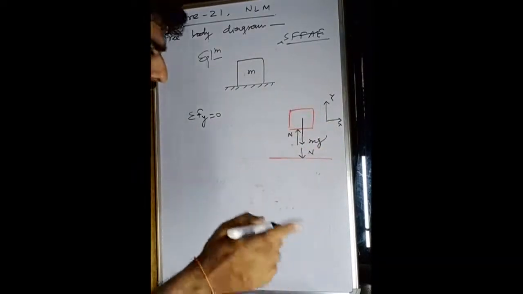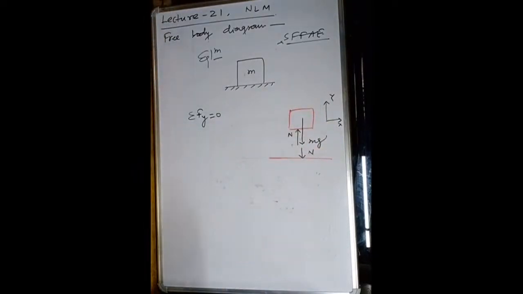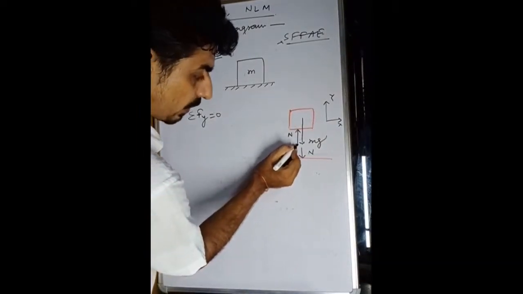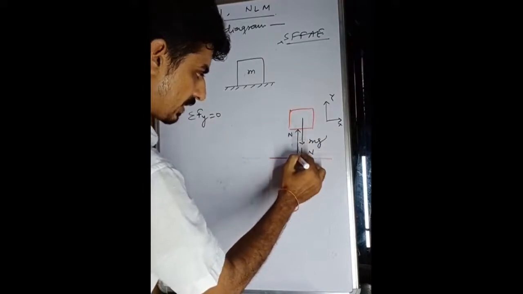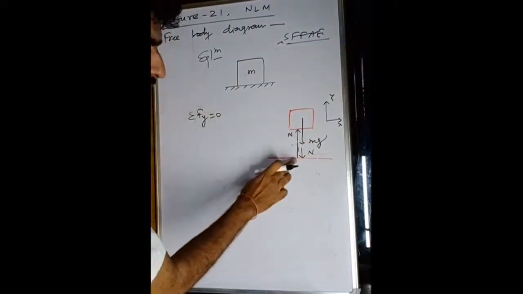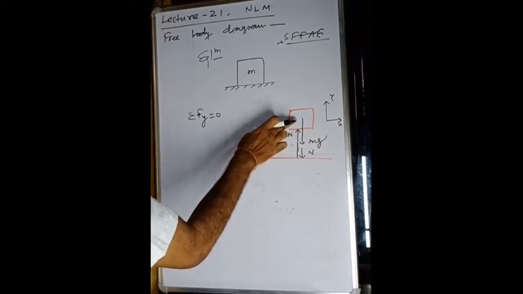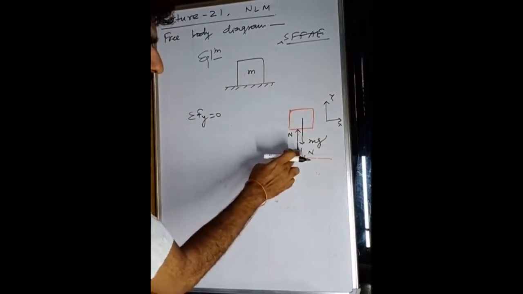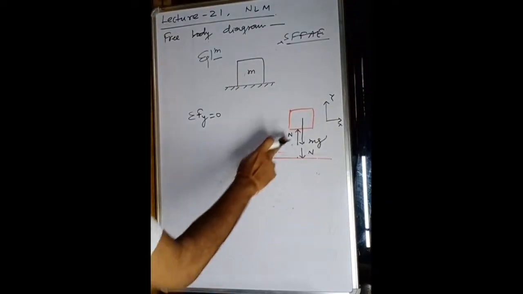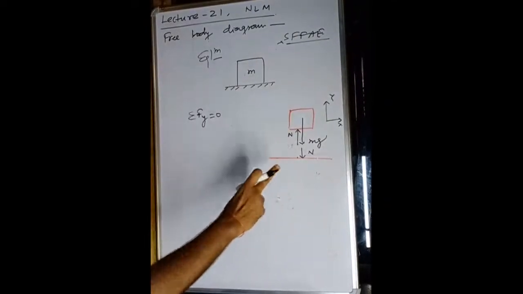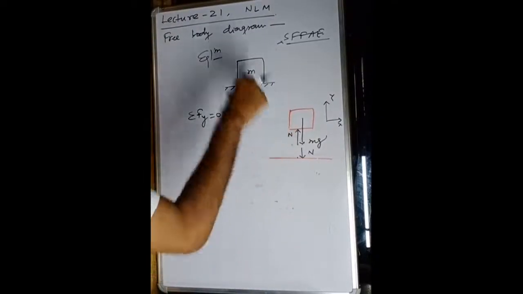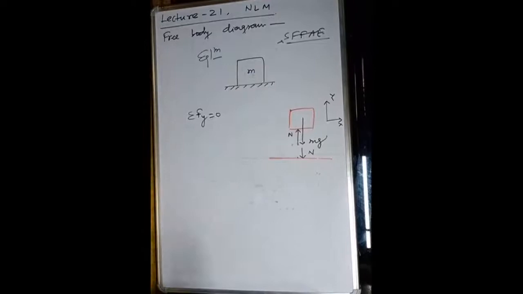Remember, while you are making the free body diagram and representing the force, do not make the force line like this one. Do not make contact with this surface. You will be confused whether you have to take the force from this surface or the force over this body. So separate these forces. Now you can see over this body only two forces are acting. One, the normal reaction, in upward direction, and another, the weight, which is acting in downward direction.